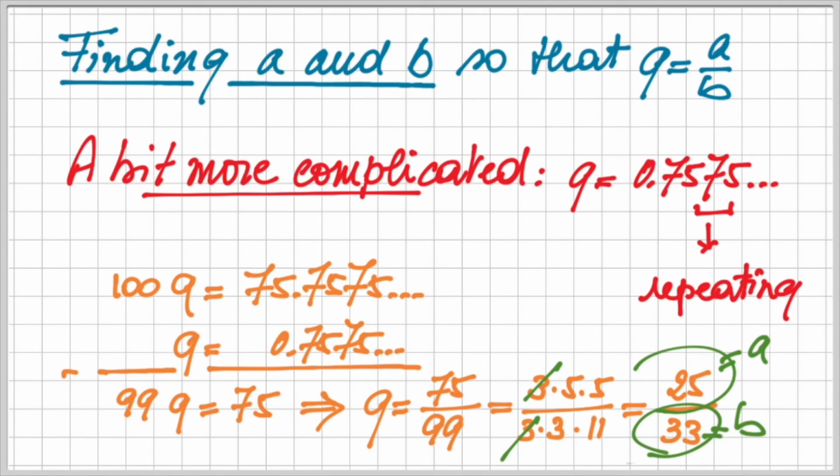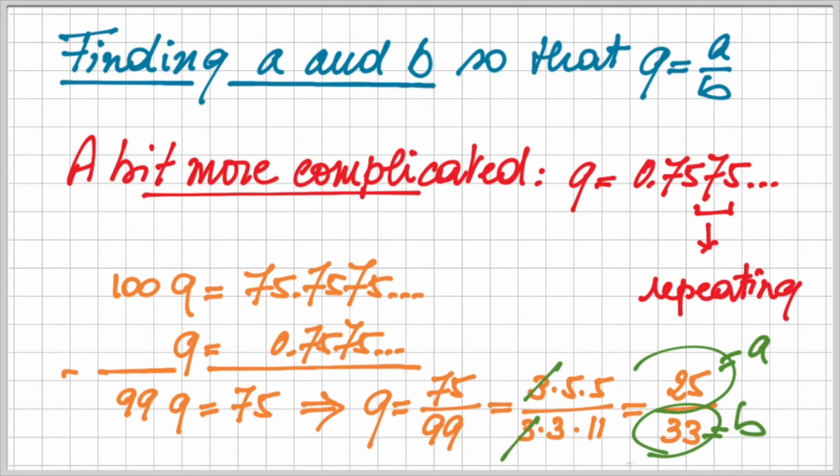And basically that's the final thing that I wanted to show here: the principle of the method, how to find the two integers that define the rational number. You will understand easily that instead of writing 0.757575 and all those repeating decimals, it's simpler and nicer just to write this as 25 divided by 33.